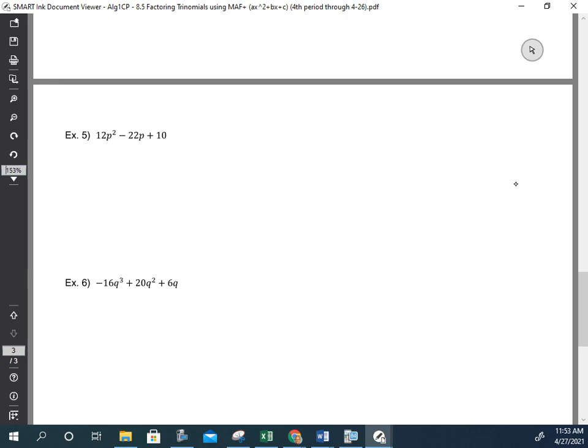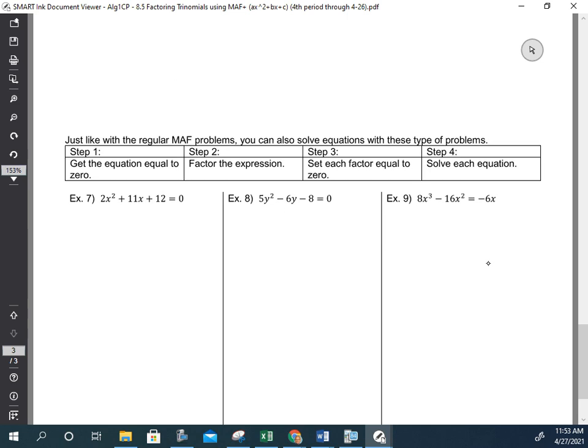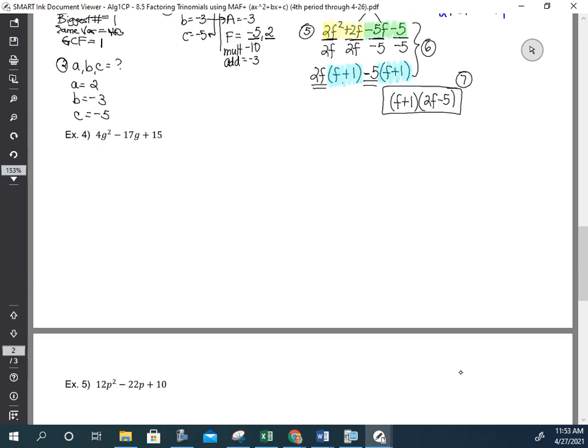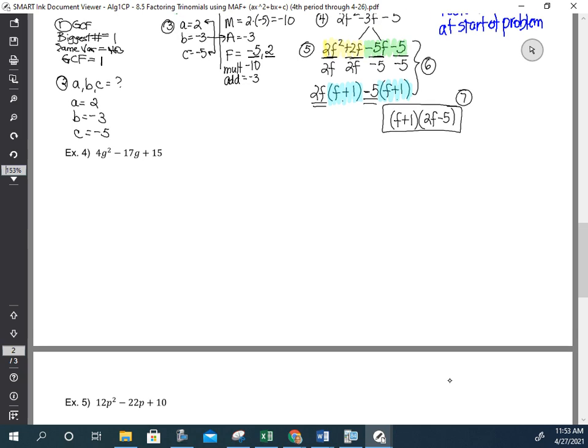That's going to leave 3 examples to do on Thursday, in which we're going to be solving the equation. We go back to solving equations. So, let's pick this up with example number 4.